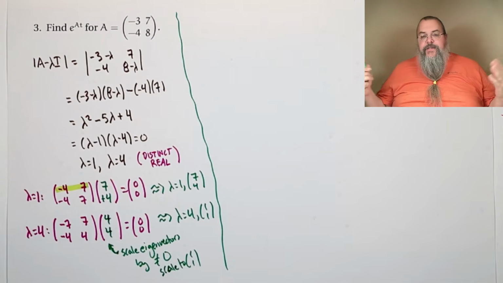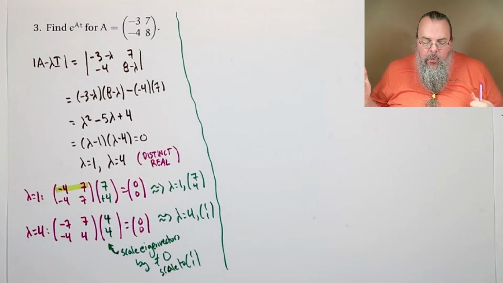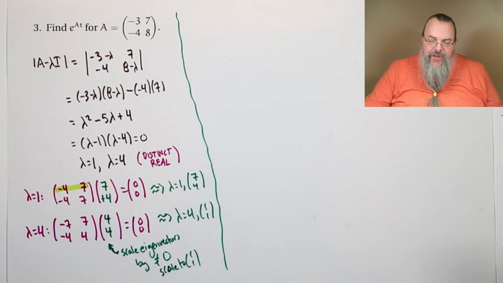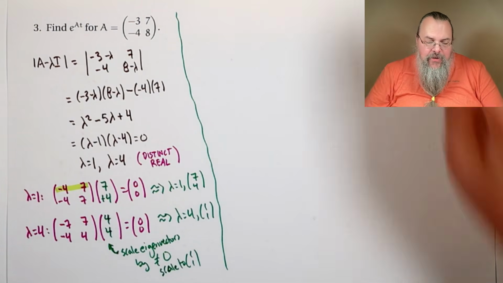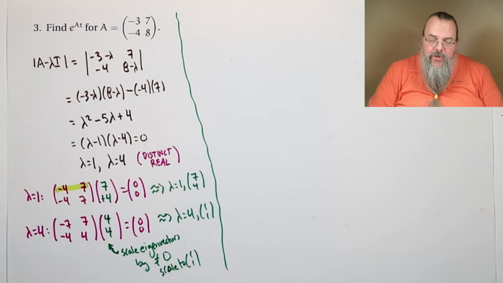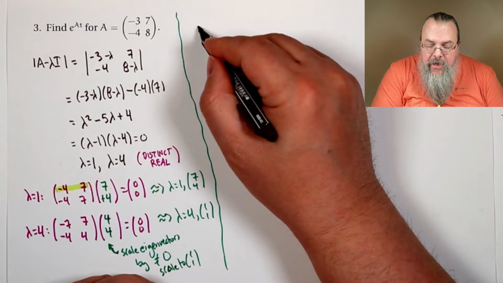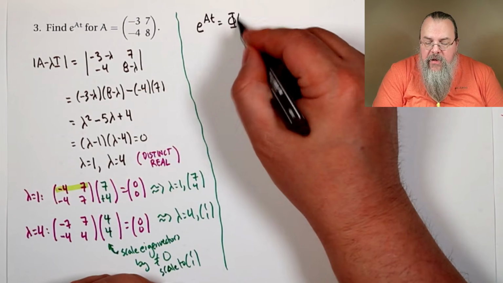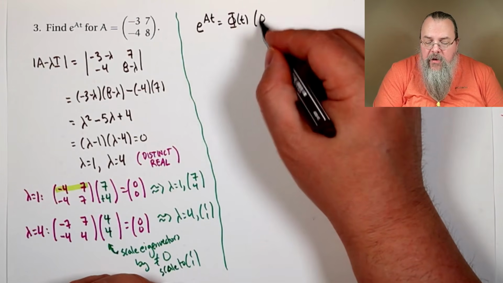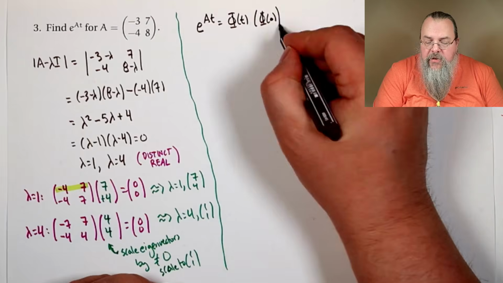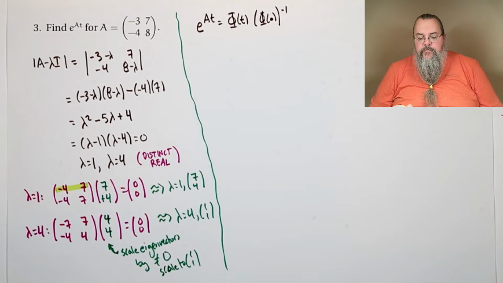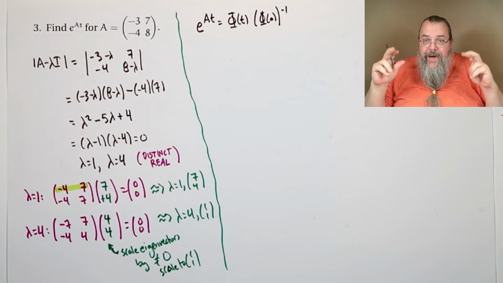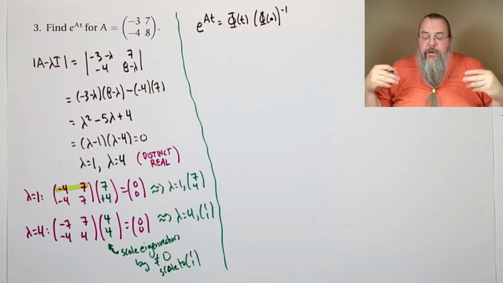Now, here's the thing. We are going to construct our e to the at using our formula. So from the formula sheet, we know that e to the at is phi of t times phi of 0 inverse. So we have to find phi of t, and then we just run it through.